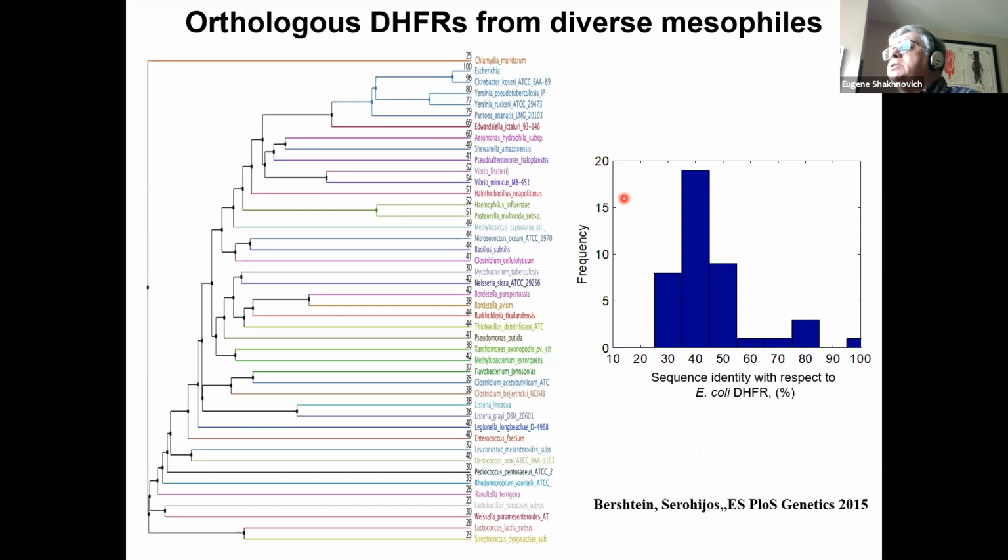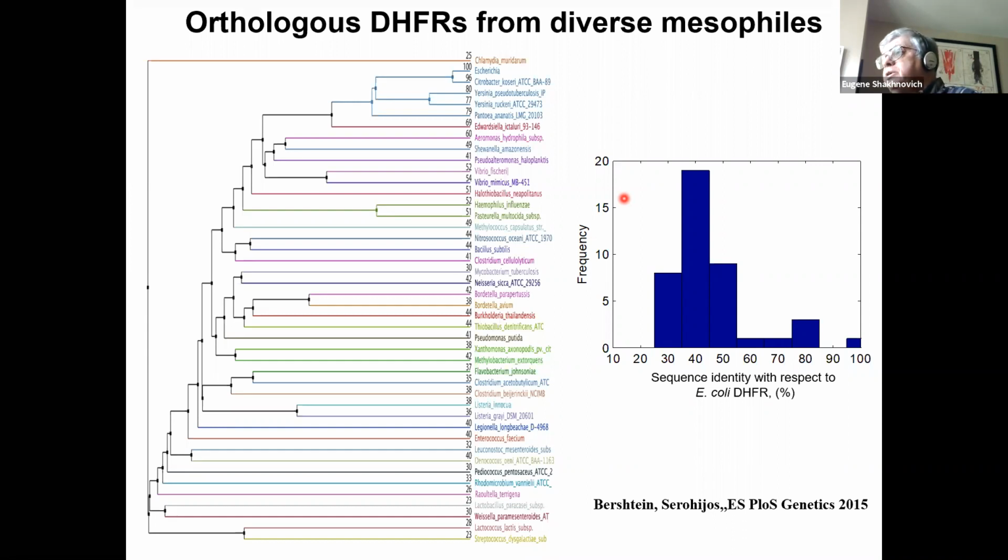And of course, it requires not only creating this transgenic E. coli, which carry DHFRs from other organisms in their genomes, but also purifying these DHFRs from these different organisms, and again measuring their molecular properties. But that has been done with 43 DHFRs of different degrees of divergence from E. coli.